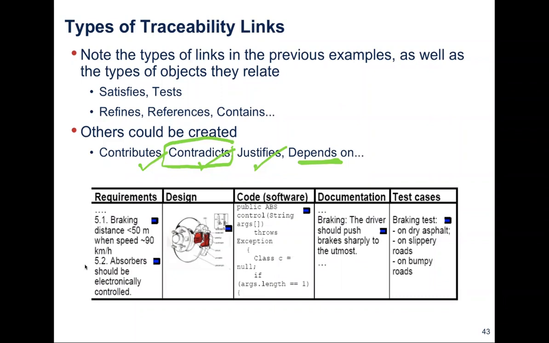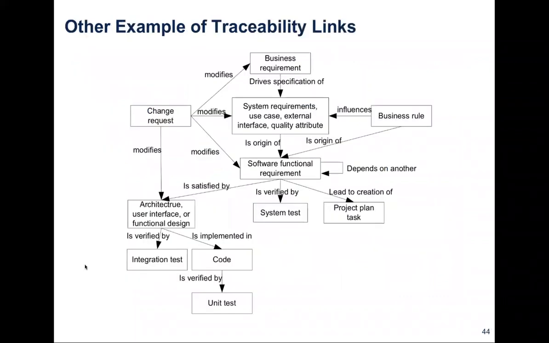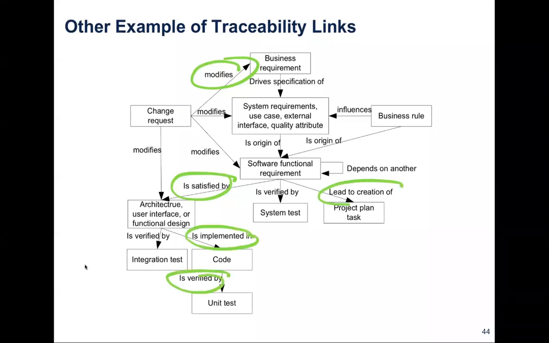So in addition to all the types of links that we have seen so far, there is no limit on the number of traceability links that we might add to our traceability analysis. We could even have a modifies link, an is satisfied by link, an is implemented in link, a verified by link, or a lead to the creation of link.